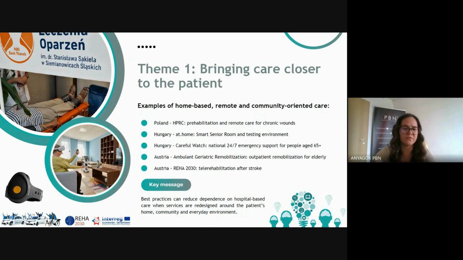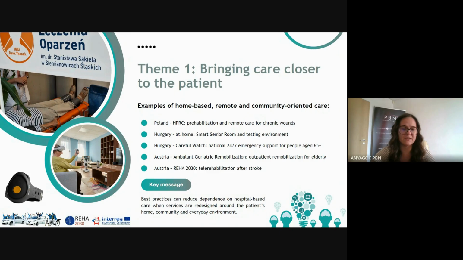Austria brings two relevant examples: the ambulant geriatric immobilization, which provides outpatient support for elderly multimorbid patients, and Reha 2030, which focuses on telerehabilitation after stroke.